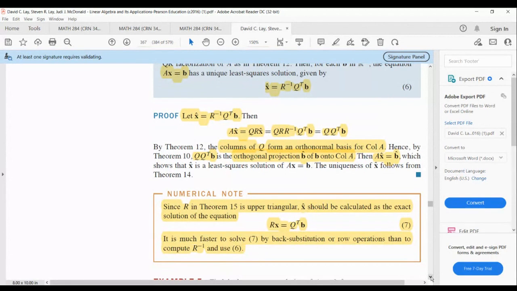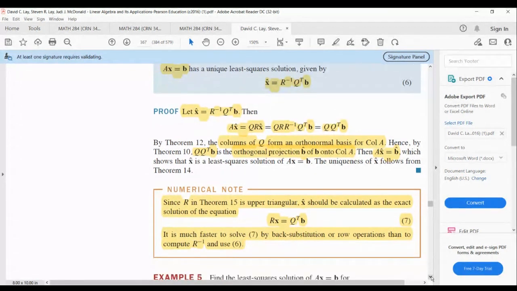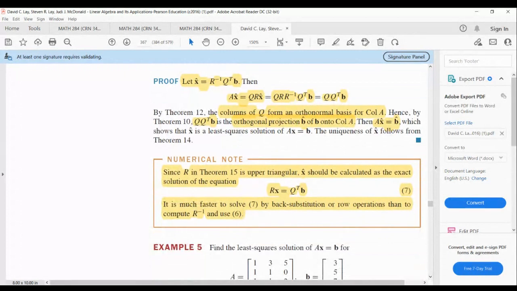You can multiply both sides of that equation 6 by R on the left, and then you're going to get what they show you in the numerical note: R times X hat equals Q transpose times B.